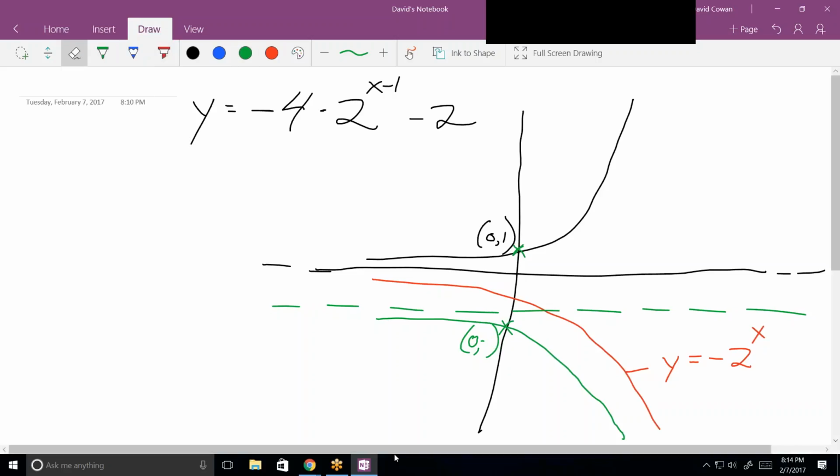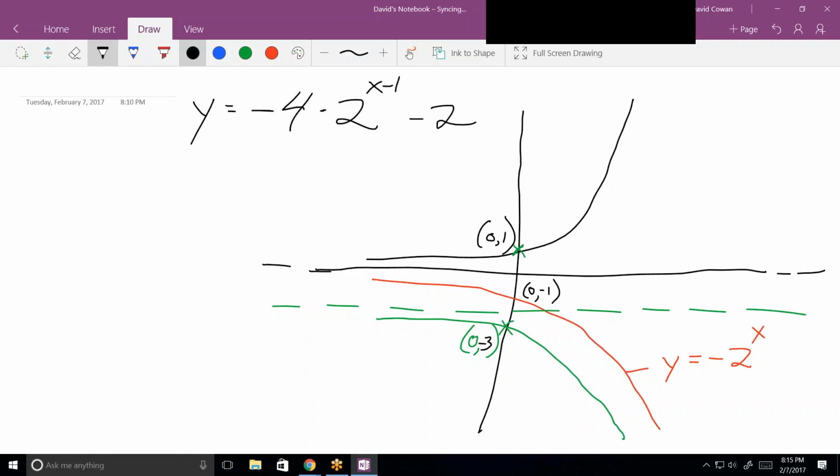But it's not -2. Let's see. The first gave us a point of (0, -1) on the red curve. And that's being dropped 2 units down, so it's now (0, -3) on the green.